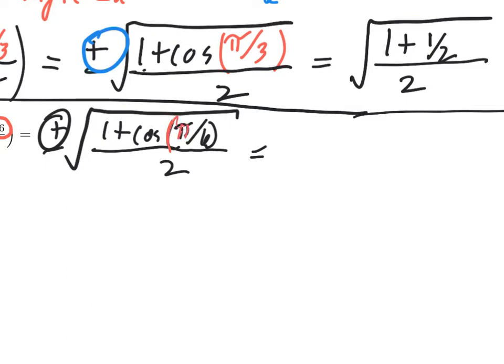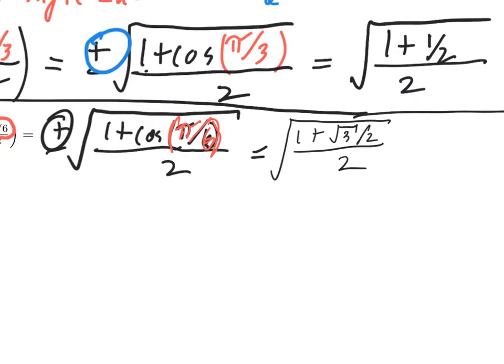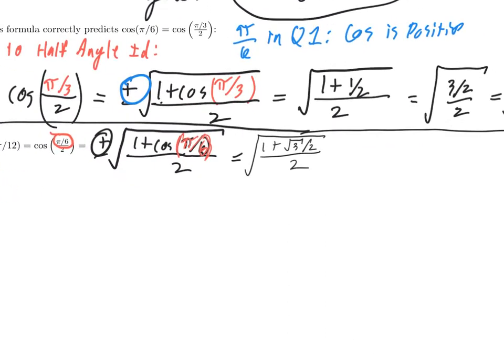I guess it doesn't really matter, but I should try to abide by my own color coding conventions. The cosine of pi over 6, we literally just computed to be the square root of 3 over 2, all over 2. And now we just need to walk that out. 1 plus the square root of 3 over 2, get a common denominator. That 1 will be replaced by 2 over 2.